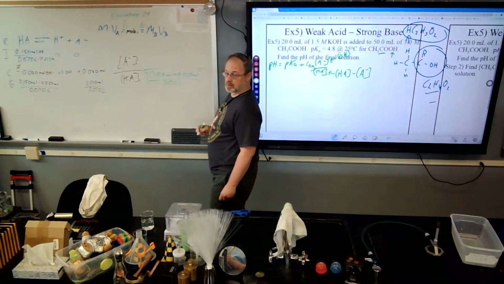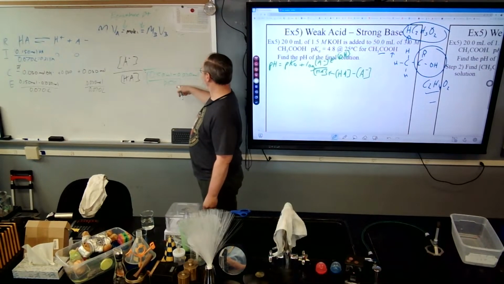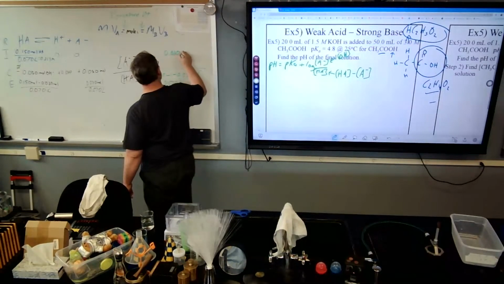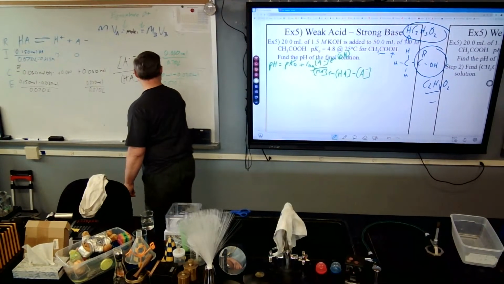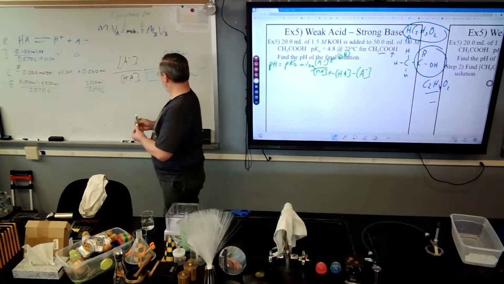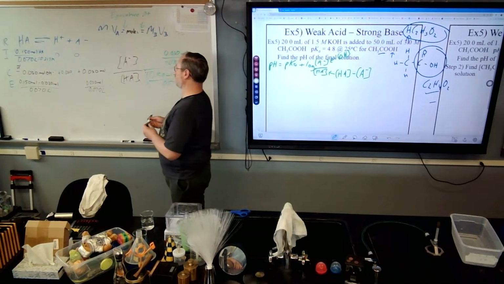Our original HA minus the change that hydroxide ate, over the total volume, and then this one is 0.030 moles over 0.070 liters. And you're like, hey, there's the same denominator in both cases. So you get to cancel them out.